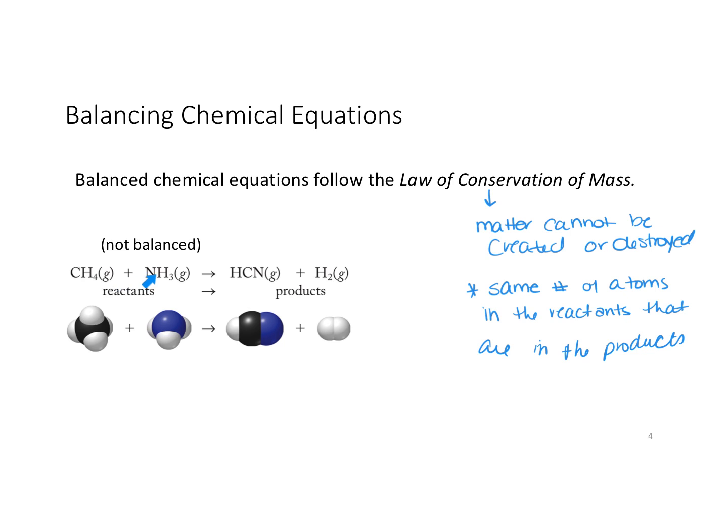We have 7 hydrogens here, but we only have 3 hydrogens here. That does not obey the law of conservation of mass, because what it says is, hey, look, we had 7 here, we only have 3 here. Where did those 4 hydrogens go, right? That would be something being destroyed or lost. So this reaction is not balanced. So we're going to balance it on the next slide.